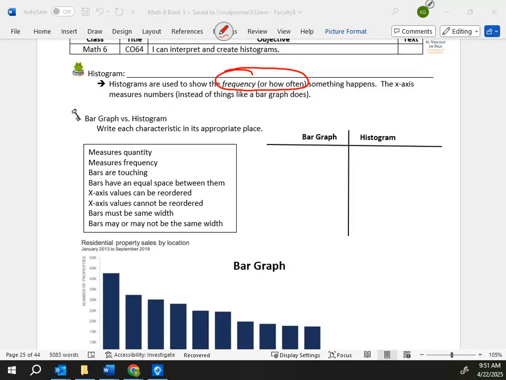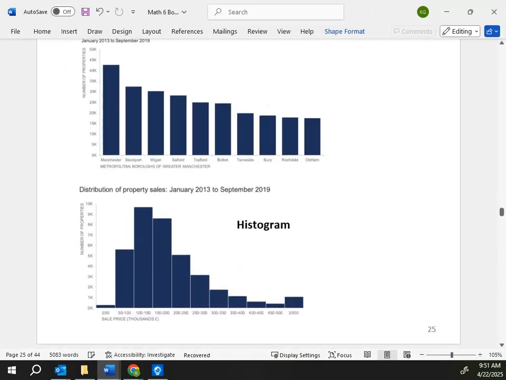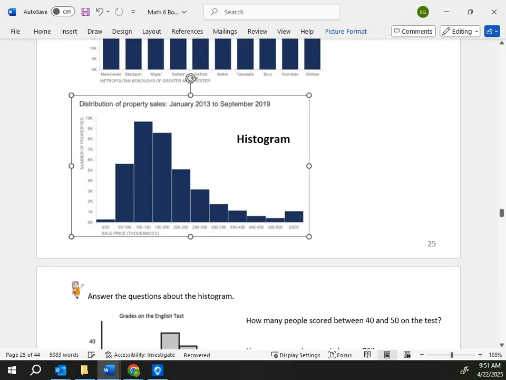On the bottom, there's going to be that range of numbers, 0 to 50, 50 to 100, 100 to 150, 150 to 200. It's showing that range. Any questions on the histogram?